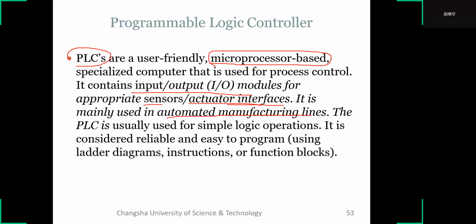The PLC is usually used for single logical operations. It is considered reliable and easy to program. Also, the PLC contains a microprocessor, but the programming is different from the microprocessor.